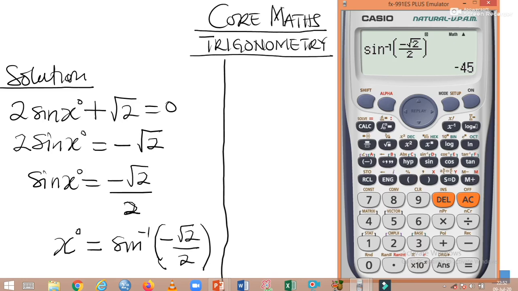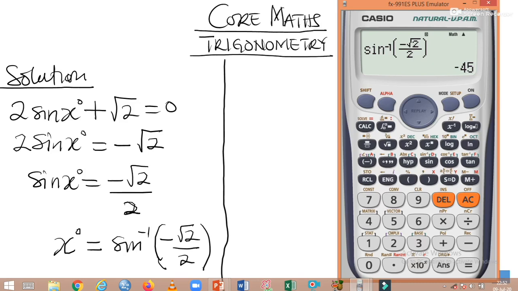That is what you have to bear in mind. And we know that sine being in the third and fourth quadrant will be below the x-axis. So that is why the calculator is giving us negative 45. But we want a positive value because the range of values of x was not negative. So how do we go about it?